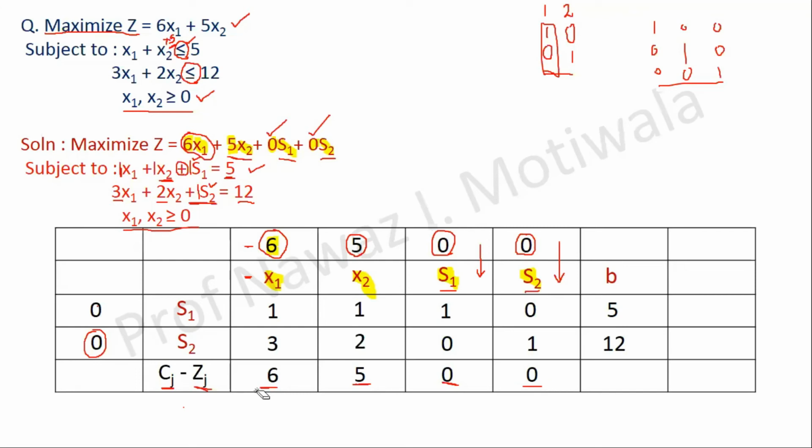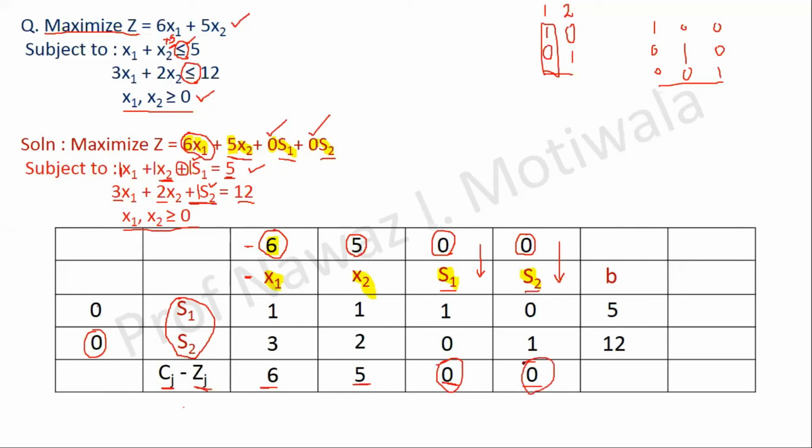Now see the second shortcut. If you see the values of Cj minus Zj of our basic variables, please understand this. Our basic variables are S1 and S2, which we have already finalized. Now just observe the Cj minus Zj value for S1 and S2. What are they? 0. Yes, you can see that the Cj minus Zj value of S1 is 0, and of S2 also comes out to be 0.